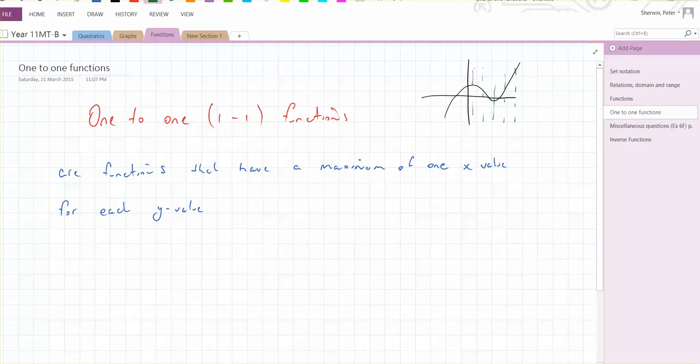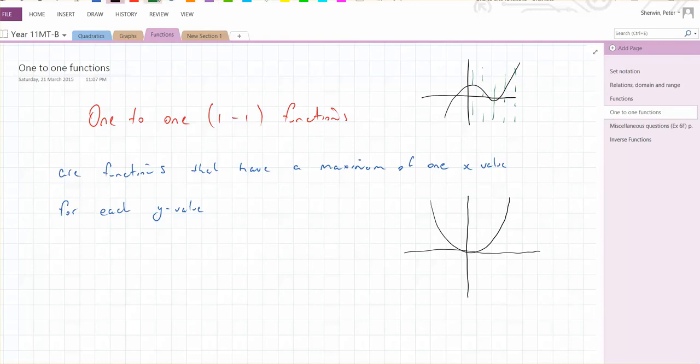What we're going to look at today are functions that are one-to-one. One-to-one functions have the characteristic that for each y value, or output value, there is a maximum of only one input value. So that means it's the opposite of the functionality test.